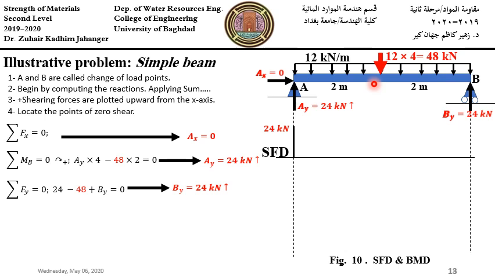Between A and B, the intensity of the loading is not zero because it is a distributed load. So we will get straight inclined lines for intervals of uniform load intensity.